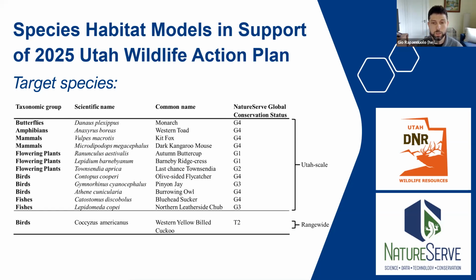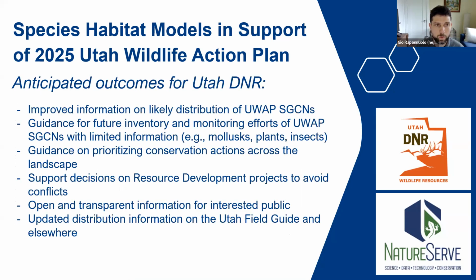Range wide models have a ton of great information about relative responsibilities across boundaries, which we think is probably one of the main advantages of running species habitat models. And so they could support certainly local SWAPs as well as regional SWAP efforts.